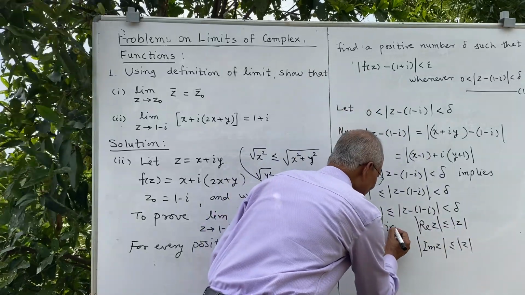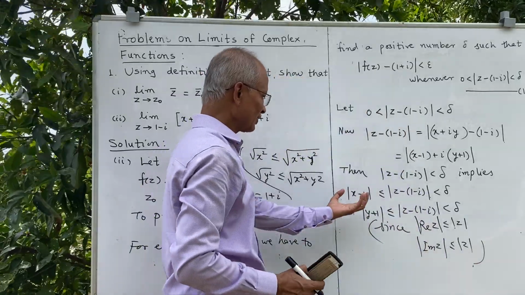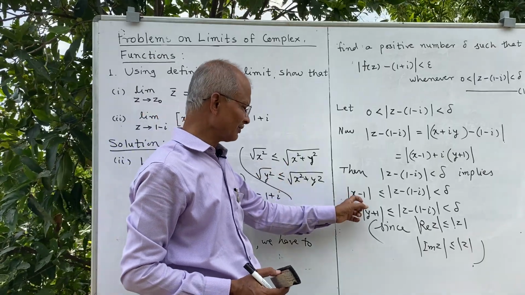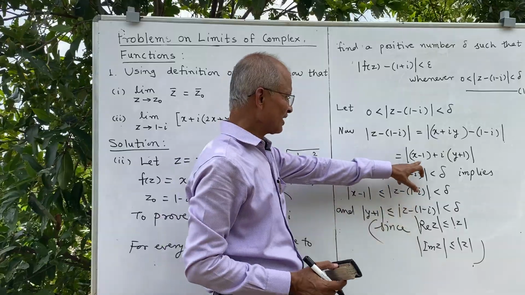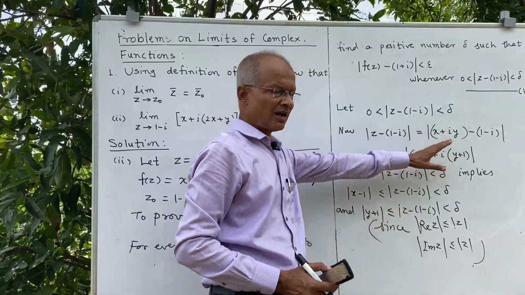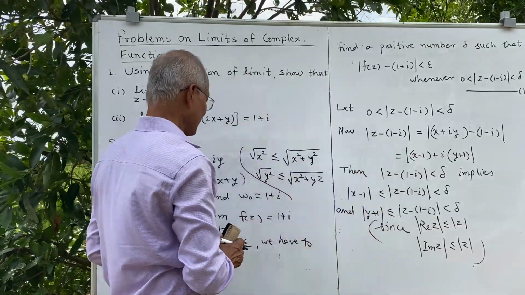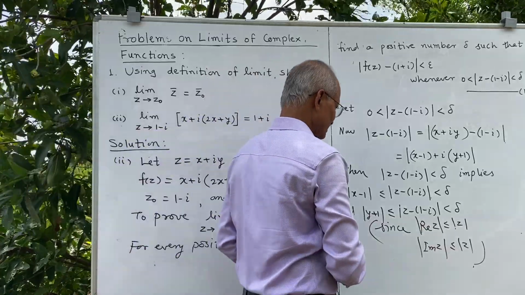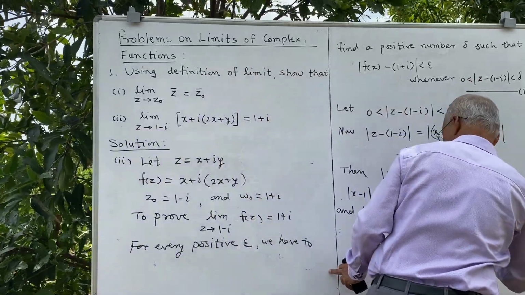It is obvious because, according to this absolute value difference, it will be root of x minus 1 whole square, and this is root of x minus 1 whole square plus y plus 1 whole square, and the inequality between these two is less than or equal to like this. Thus we have, suppose, this as a second statement, we have supposed that as 1, this as third statement.